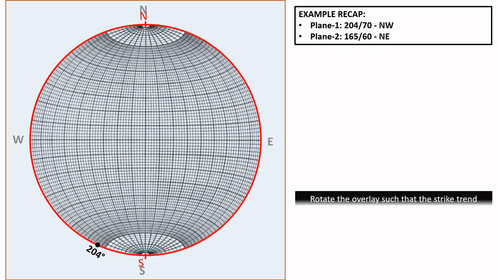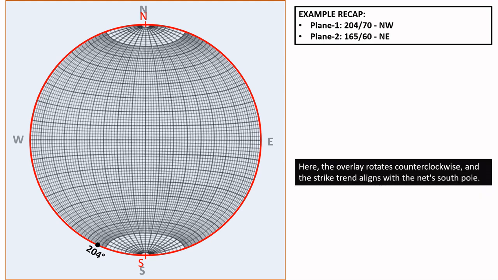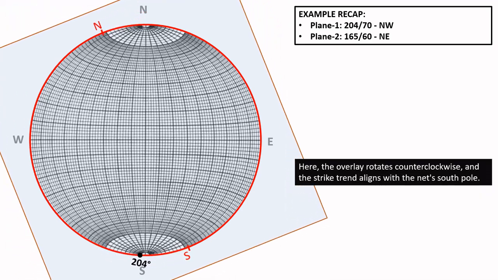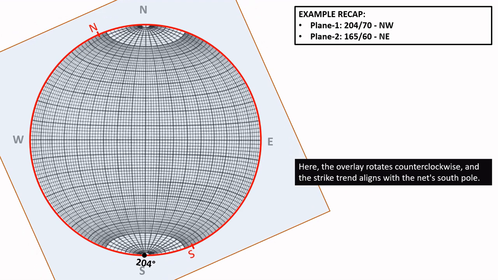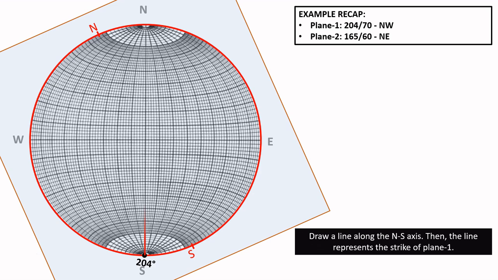Rotate the overlay such that the strike trend aligns with either the north or south pole of the net. Here, the overlay rotates counterclockwise and the strike trend aligns with the net's south pole. Draw a line along the NS axis, then the line represents the strike of plane 1.